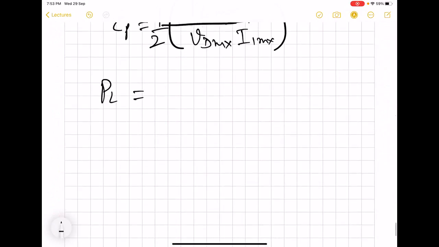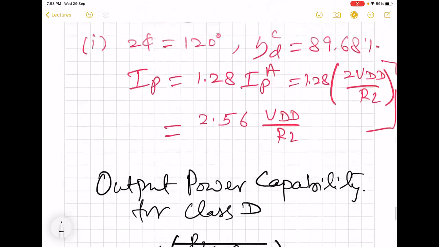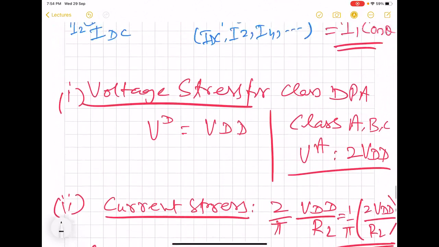So here we find it is 2 by pi square VDD square by RL. So this is also then PL max. And VD max we calculated here. The maximum voltage stress. This will turn out to be VDD.